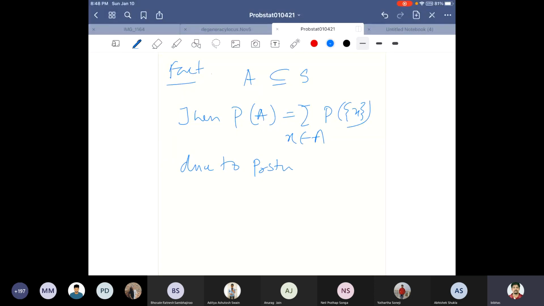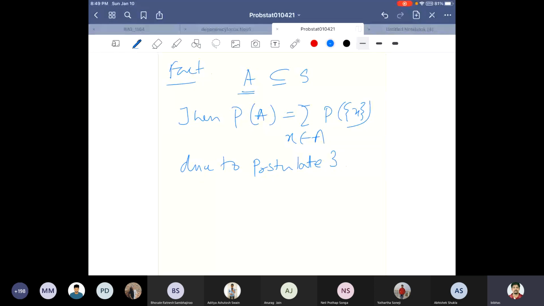Now see, what is postulate 3? If you take a set of disjoint events and take their union, then the probability of that union is nothing but the sum of the probabilities of those events. Postulate 3.